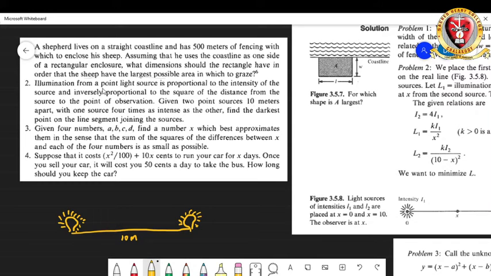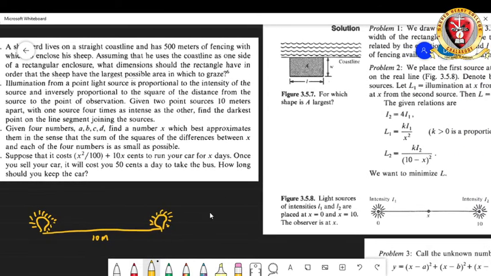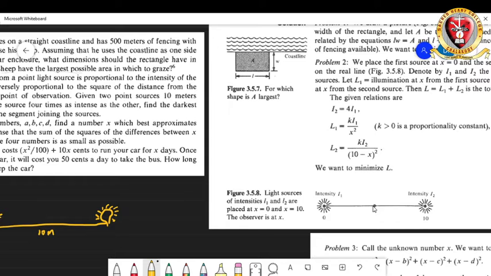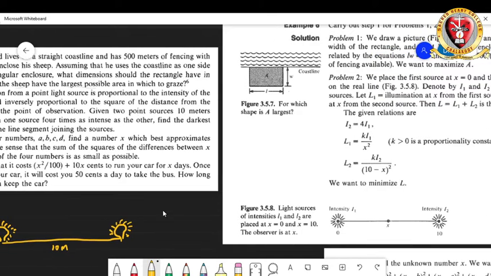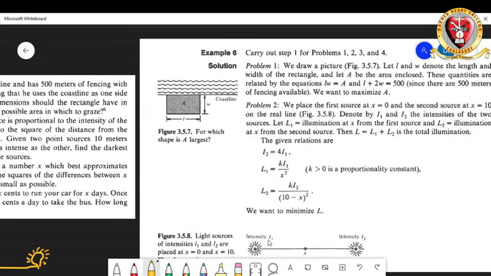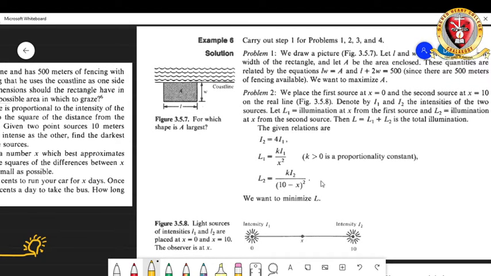You gave the name x to that point, and L1 denotes the illumination at x from the bulb kept at 0.